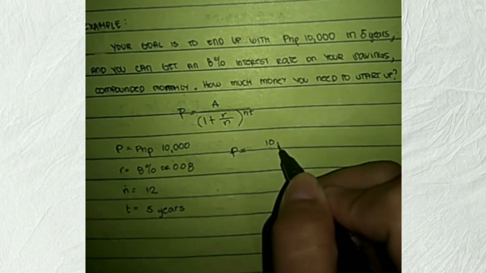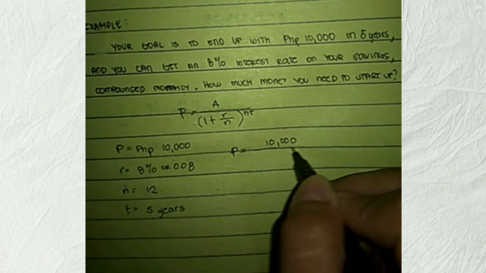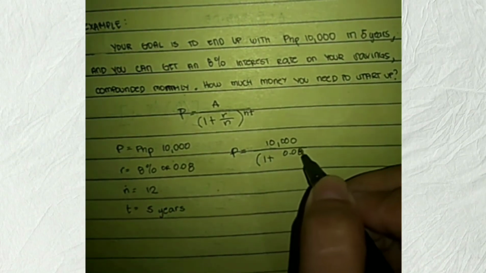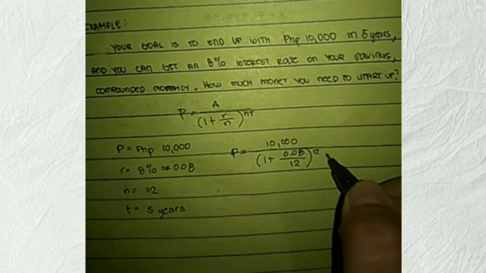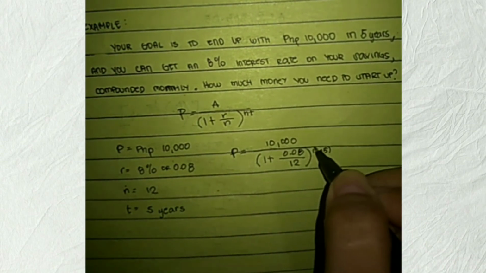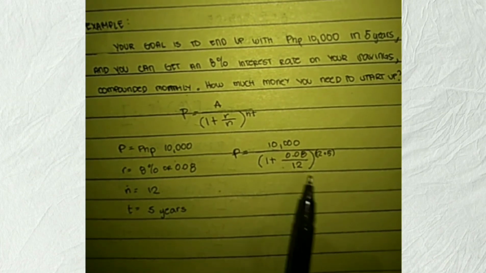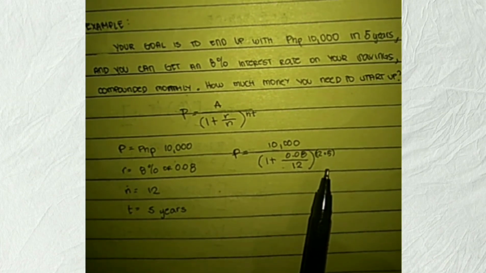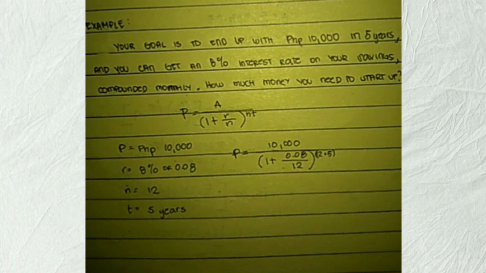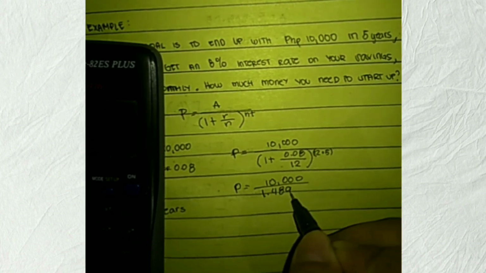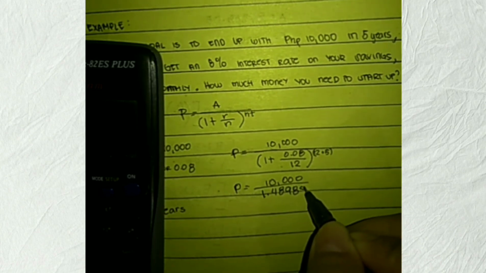Principal amount equals 10,000 over (1 plus 0.08 over 12) with exponent of 12 times 5. We'll compute our 1 plus 0.08 over 12 in our exponent. We can directly put it in our calculator, equals 1.489845708.